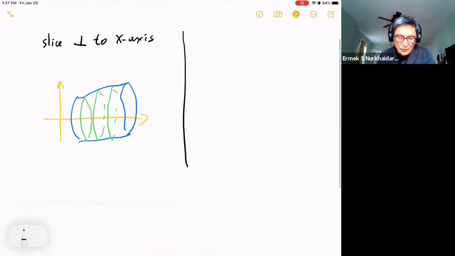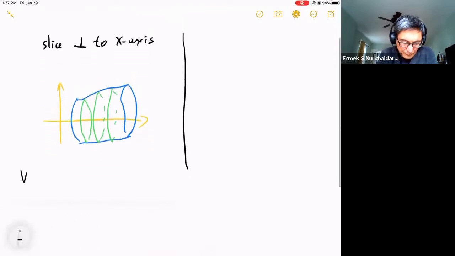In this case, we're going to get volume equals the integral from x equals a to x equals b.